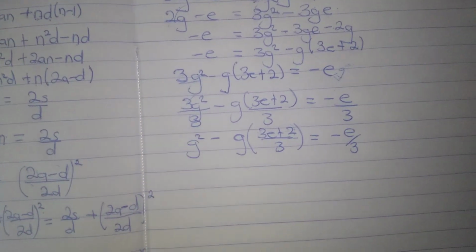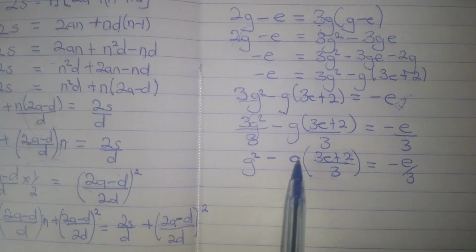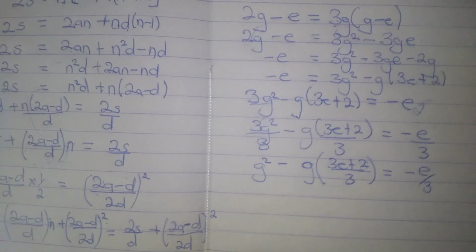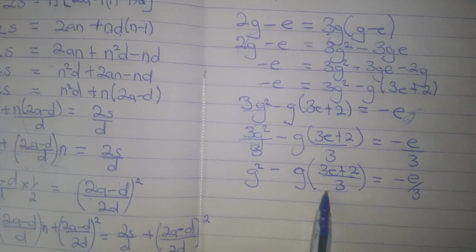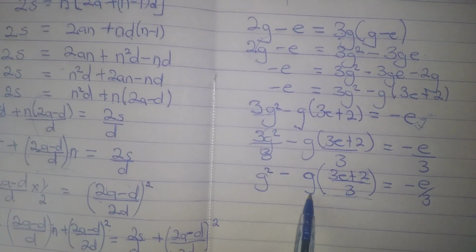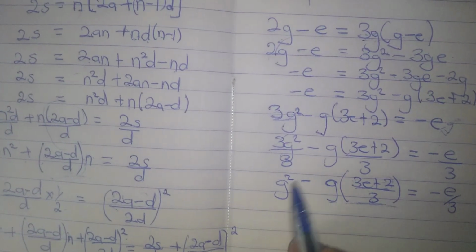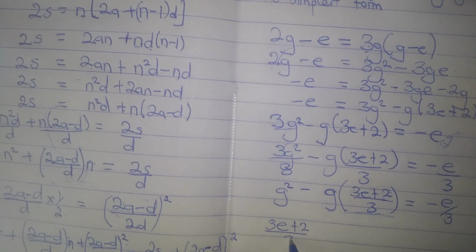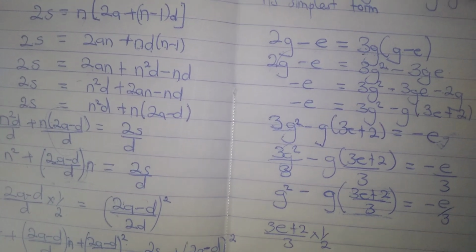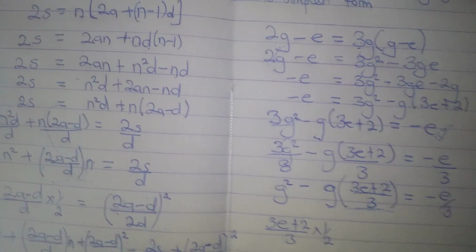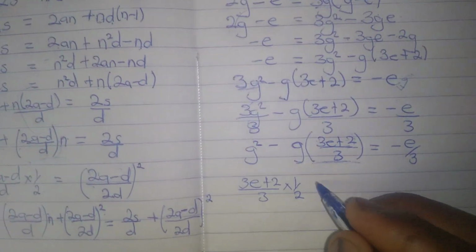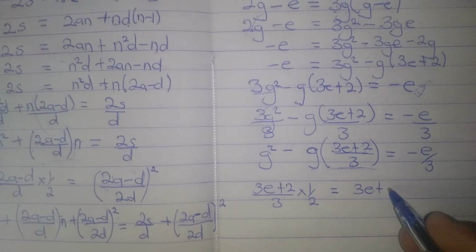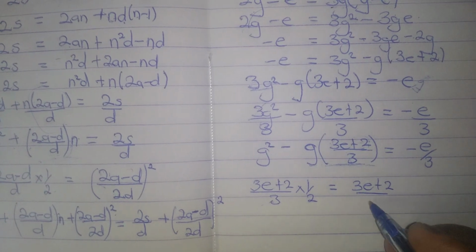Now from that step, remember this is now the coefficient of the g. So we get the coefficient on what this is in terms of g. What do we do to the coefficient? We said we multiply it by a half, or some other person can say divide by 2, still the same. So multiply it by half. The result will be the numerators alone, the answer will be this, then the denominators multiply them alone.